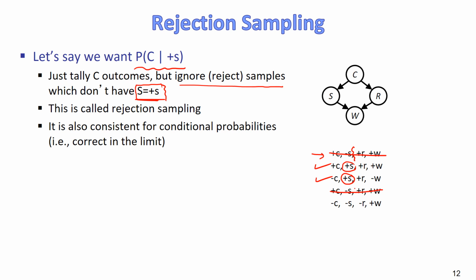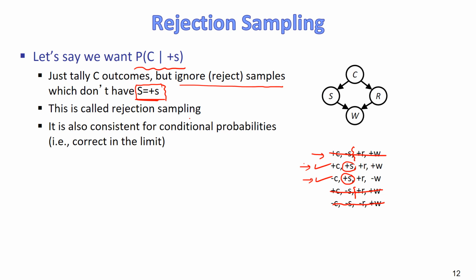And we should even stop here and not sample from R and W, because the sample anyway will not be considered. And same for the last one. So out of these 5 samples, we only get 2 of them, this one and this one, that were not rejected. This is called rejection sampling, because we reject or we stop any sample that is not consistent with the evidence.